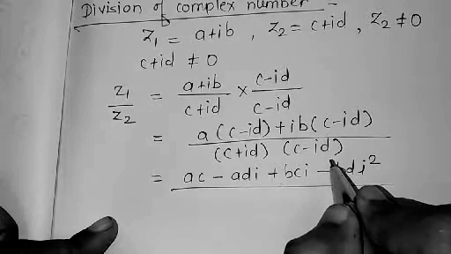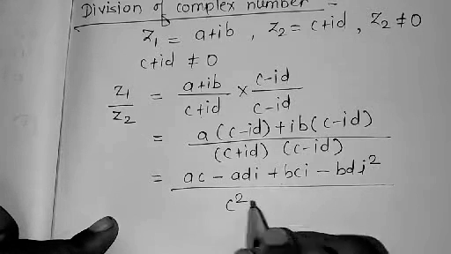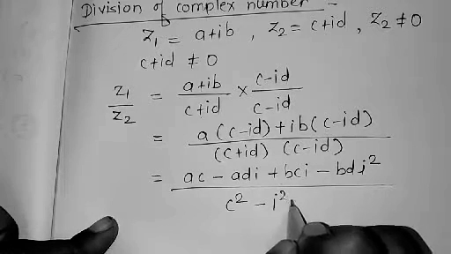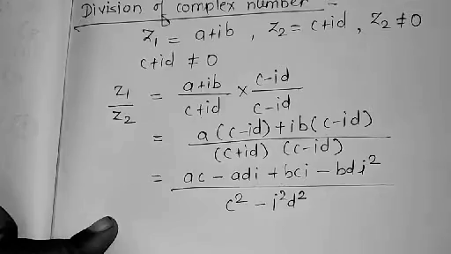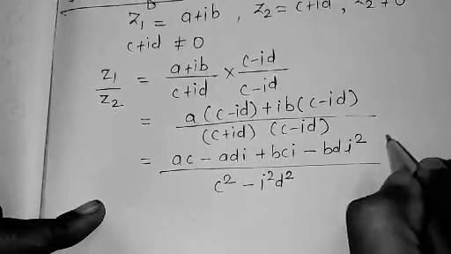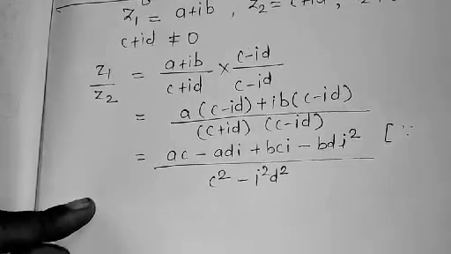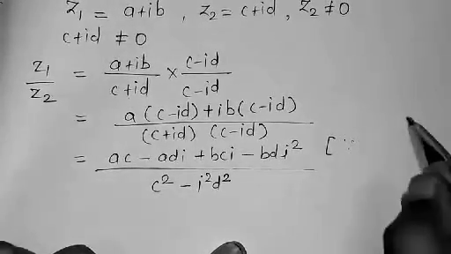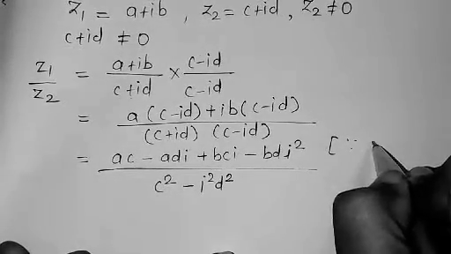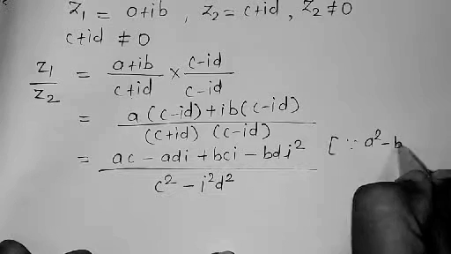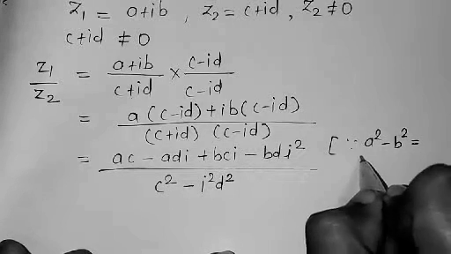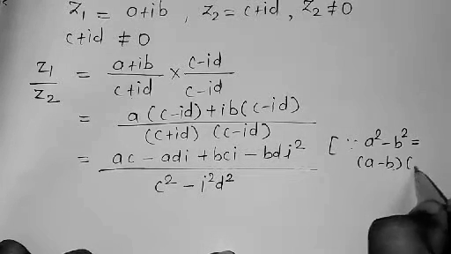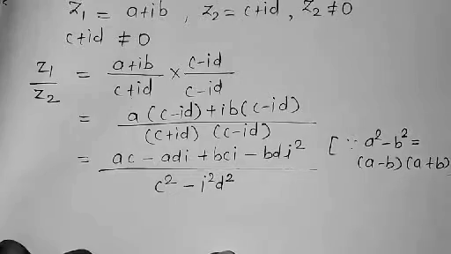Therefore from this we can write it as c square minus iota square into d square, since we use the formula a square minus b square is equal to a minus b into a plus b.